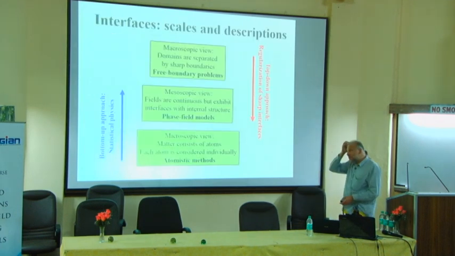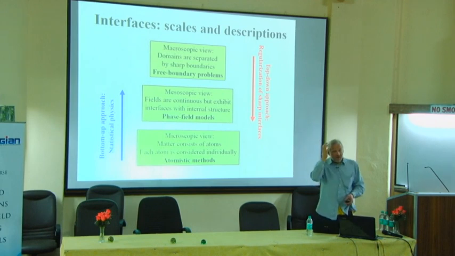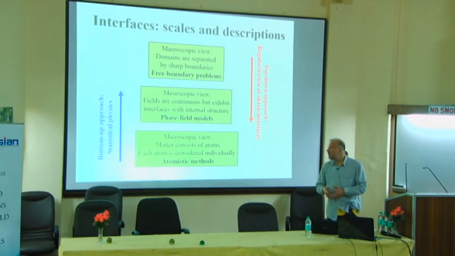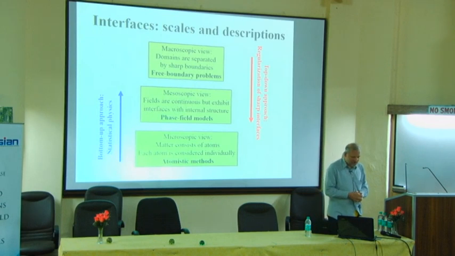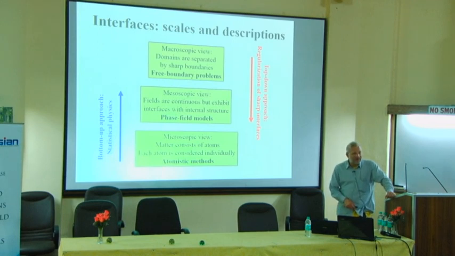Now, to sort of locate this a little bit better in the toolbox of methods that are available to describe materials, we need to talk about the different representations that you can have of interfaces. Okay, of interfaces between two phases.